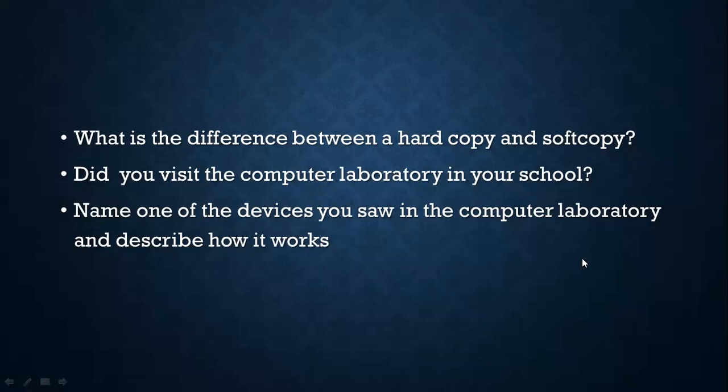Difference between a hard copy and a soft copy. We must indicate that a hard copy is something that is printed, because we need to know the actual words that we are supposed to use. Let us not bring in any other terms, but use a hard copy as something that is printed on a piece of paper.